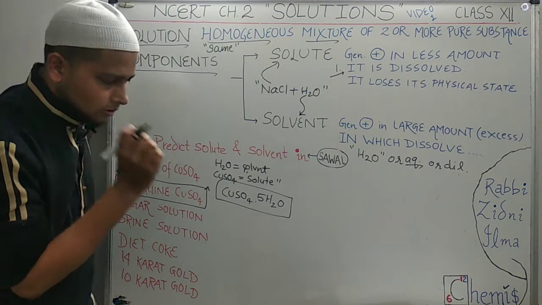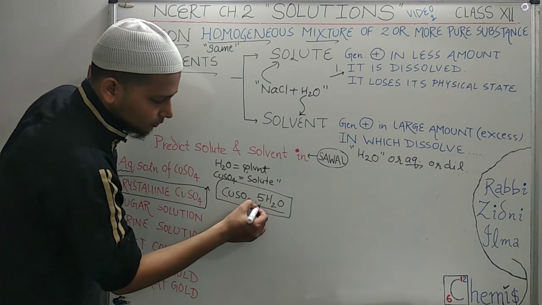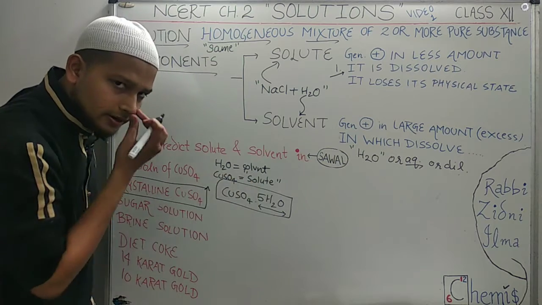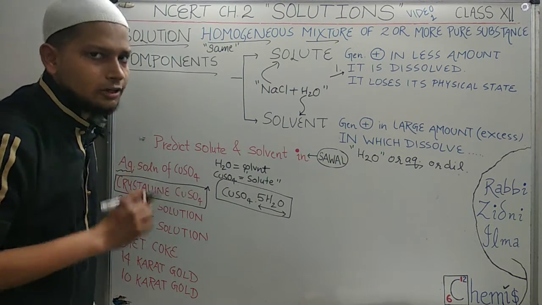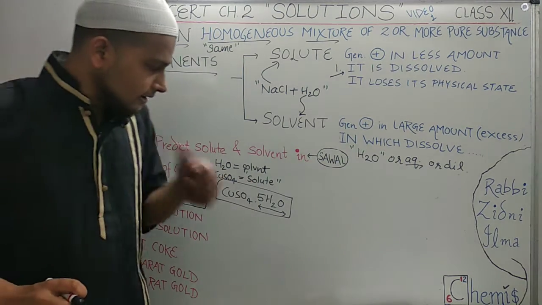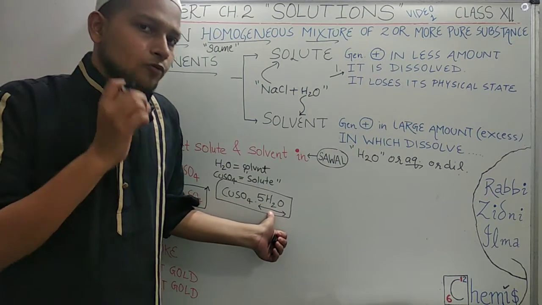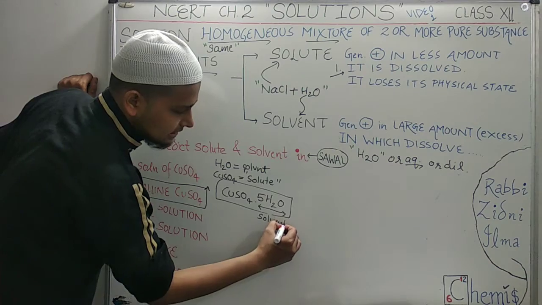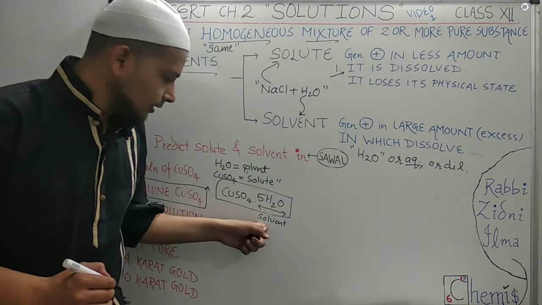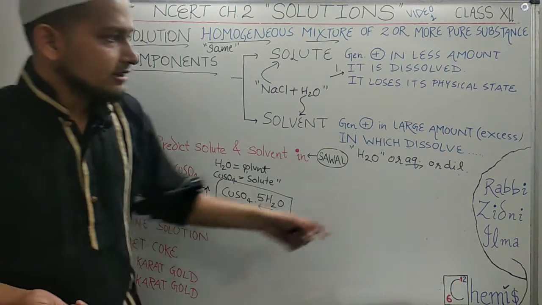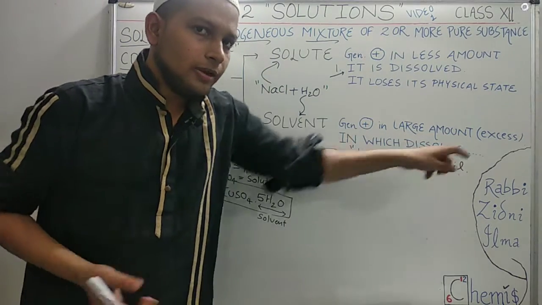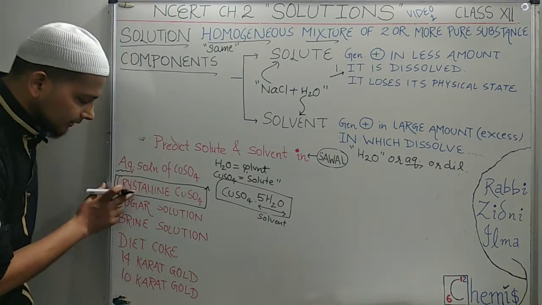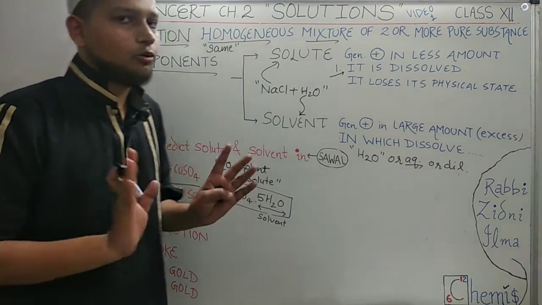Students think that 5 water molecules are there, it is the solvent, and copper sulfate is our solute. Now the problem lies here: if water is the solvent and in excess, the solution will be liquid, but the solution is solid, it is crystalline. So this theory is going to fail.